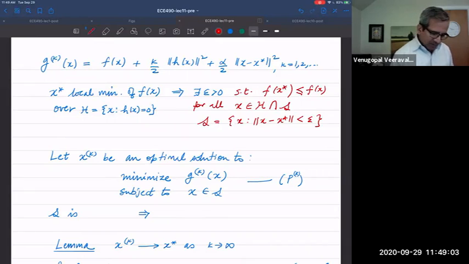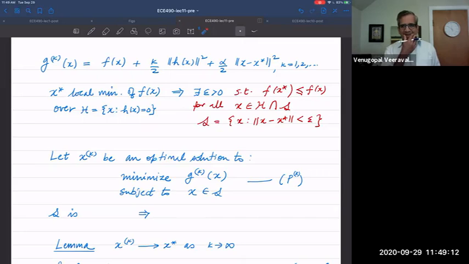But we also have to meet the constraints, so we have to be in this set H. Okay, so that's a condition to keep in mind. We'll use this a little bit later.